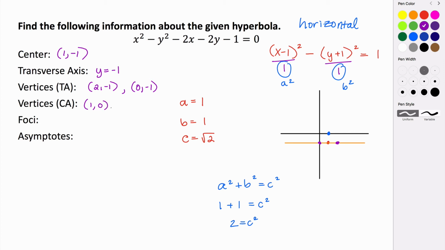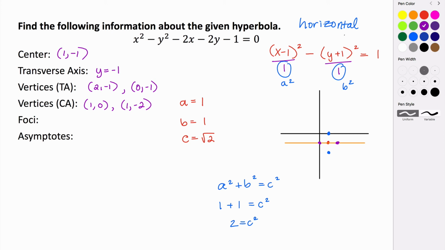So it's going to be at 1, 0. Then if I go down 1 unit to get my other conjugate axis vertex, that's subtracting 1 from my y coordinate. The x coordinate stays the same, so it's going to be 1, -2. So those are the coordinates of my conjugate axis vertices.